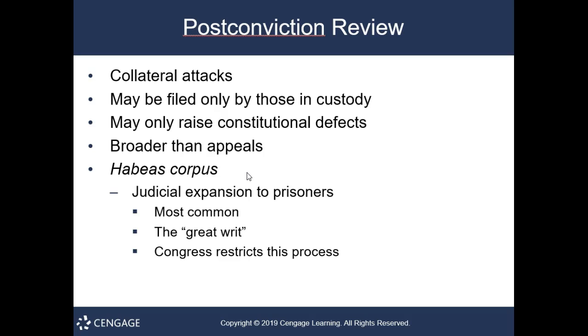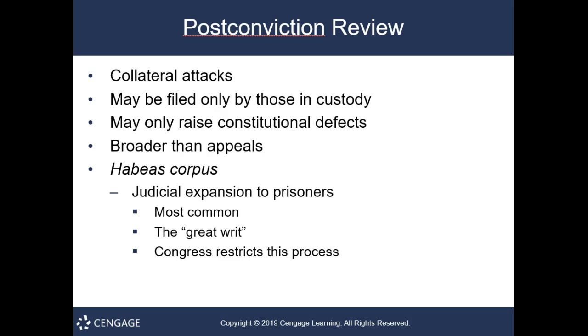It simply says, please order the Department of Corrections to release me because something very, very bad has happened. In the 1950s and 1960s, the U.S. Supreme Court greatly expanded the application of habeas corpus as a way of reviewing cases where all the appellate stuff has already been exhausted and has been affirmed.